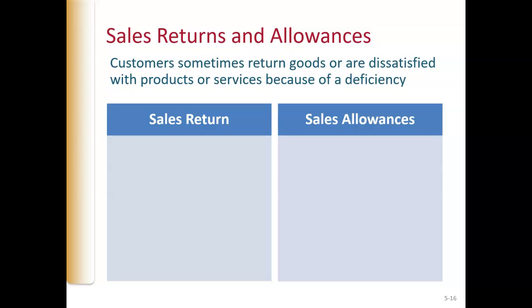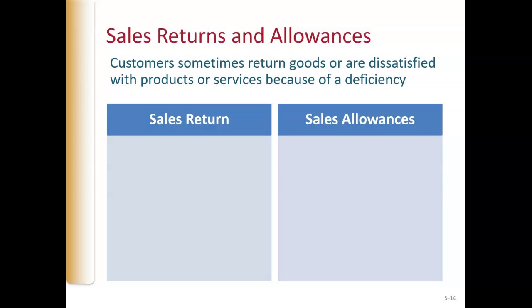Now, sales returns and allowances are a little different. Sales returns and allowances means the sale has occurred, but sometimes a customer, due to various reasons, will return goods or be dissatisfied with a product.